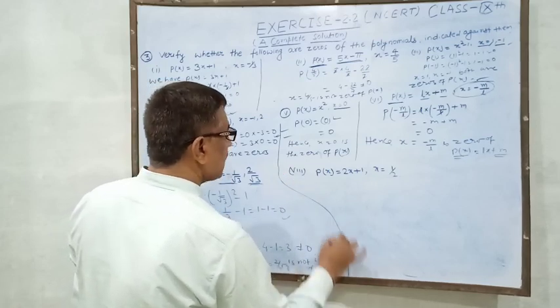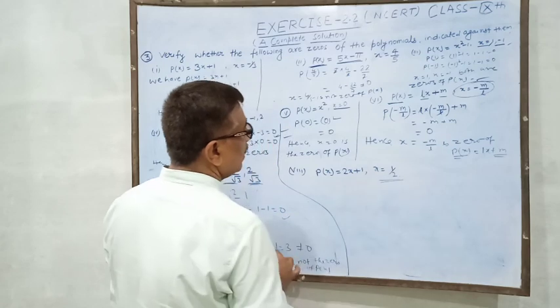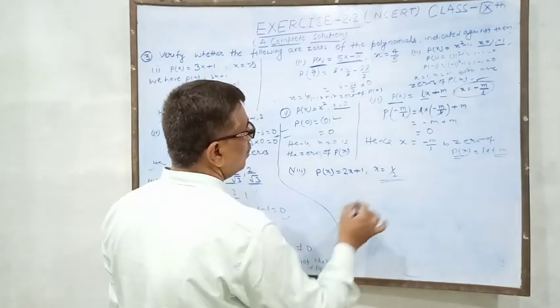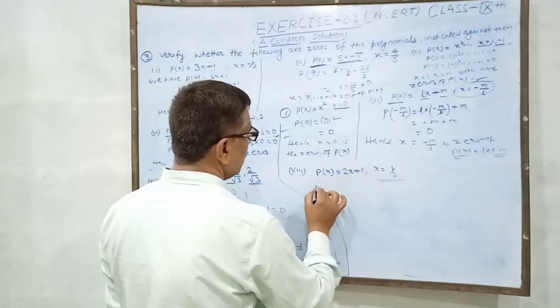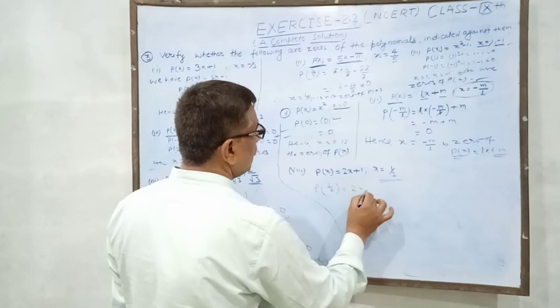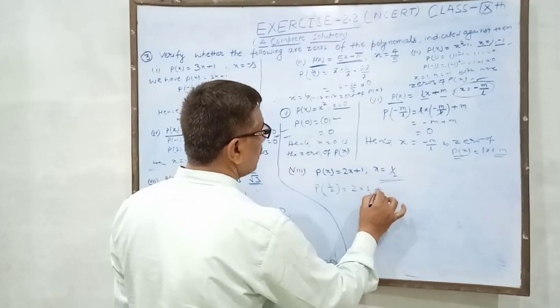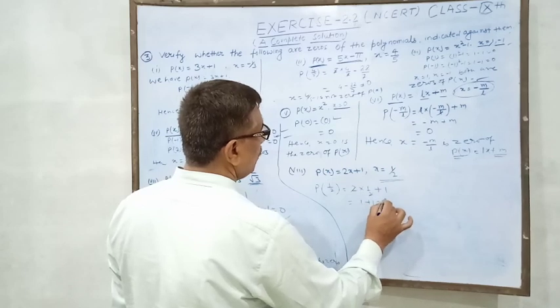Now here is the last question, and there is only one value given. Can it be defined as 0? So we see, just putting the value of x in place of x. So p of 1/2 is 2 into 1/2 plus 1. You see 1 plus 1 is equal to 2.